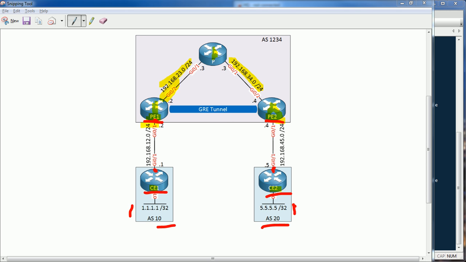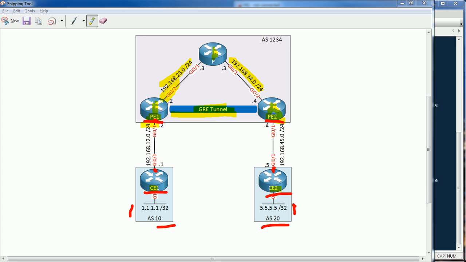And next, I will take care of GRE. Now we can configure the GRE tunnel between P1 and P2. I will use the loopback interface as the source and destination.